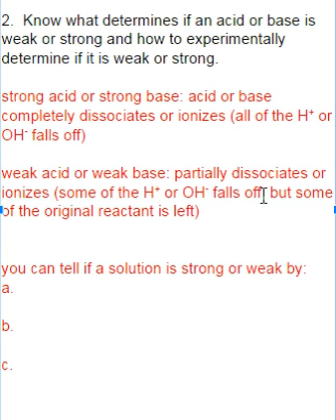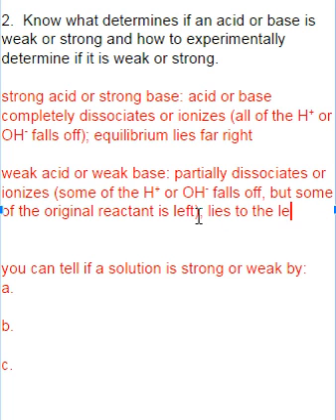is left, okay? So if we think about equilibrium with a strong acid or base, the equilibrium is far right. But with the weak acid or base, the equilibrium lies to the left.